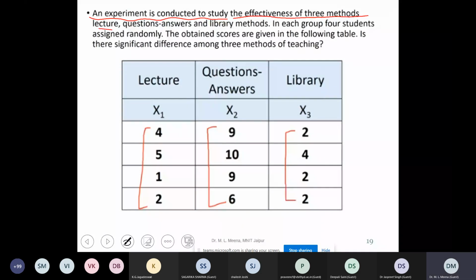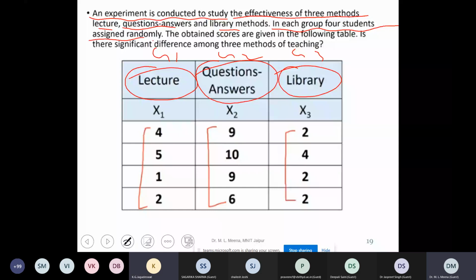Here there are 3 groups: group 1, group 2, group 3. The first method is lecture, the second is question answers, and the third is the library method, where students go to the library and study. In each group 4 students are assigned randomly.